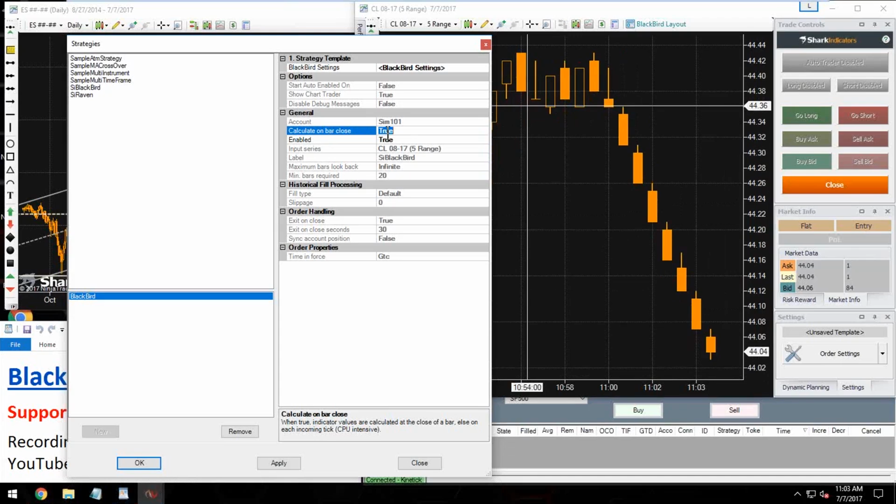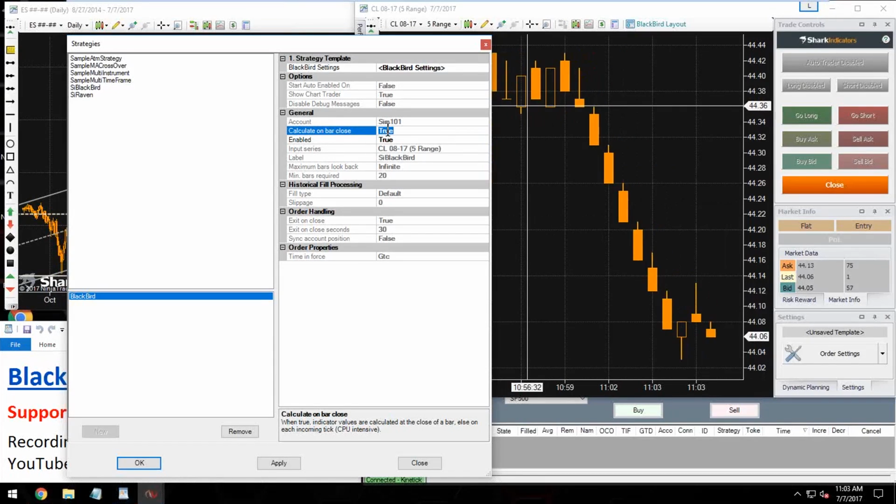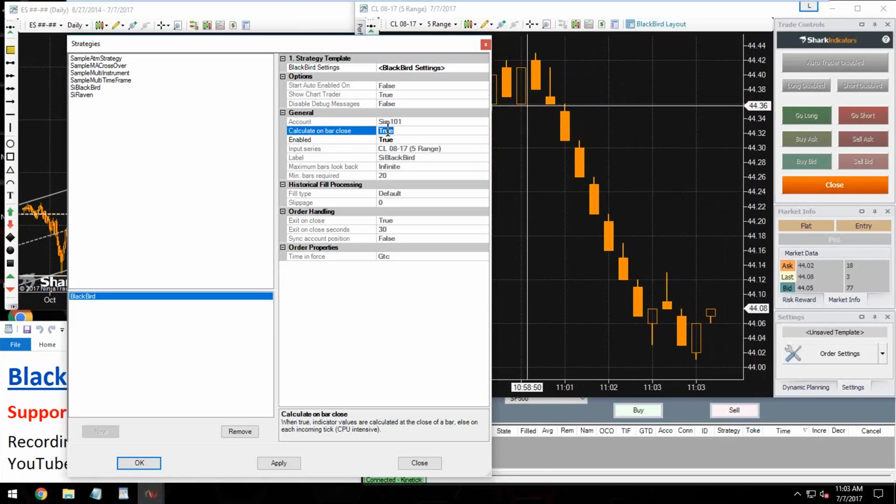So this calculate on bar close setting gets transferred down to Bloodhound. But this setting gets transferred to all indicators that you may be using in BlackBird. So another example. Let's say you're using the ANA super trend to control your stop loss.